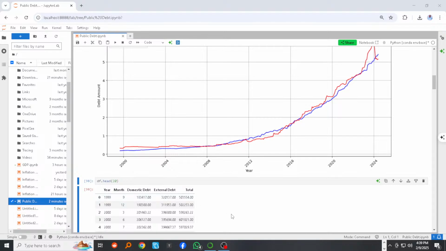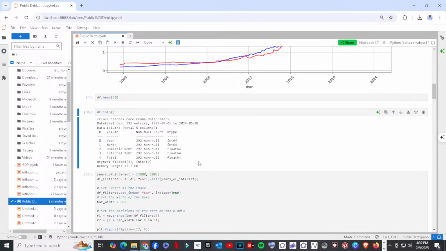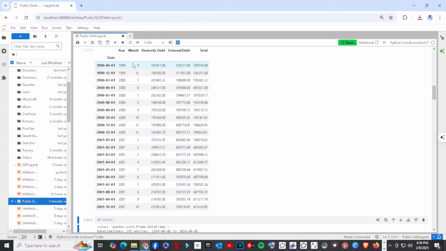Then let's see. If I needed to see the first 20 entries, that's what I click, and it gives me the first 20 entries as they appear in the original data set.